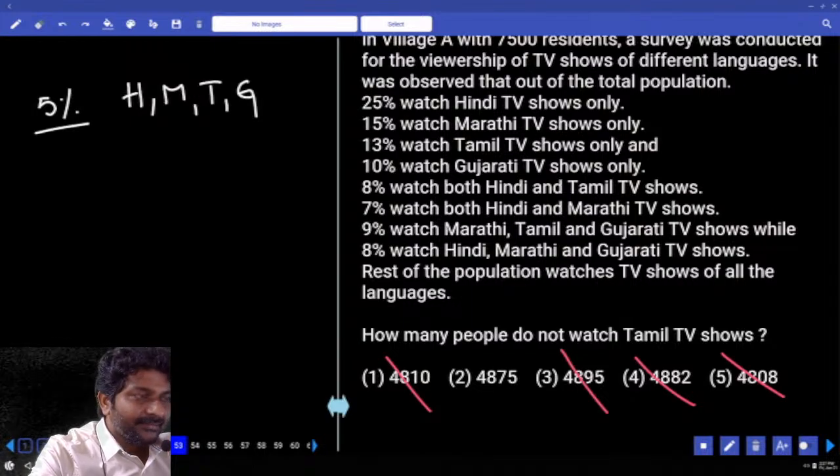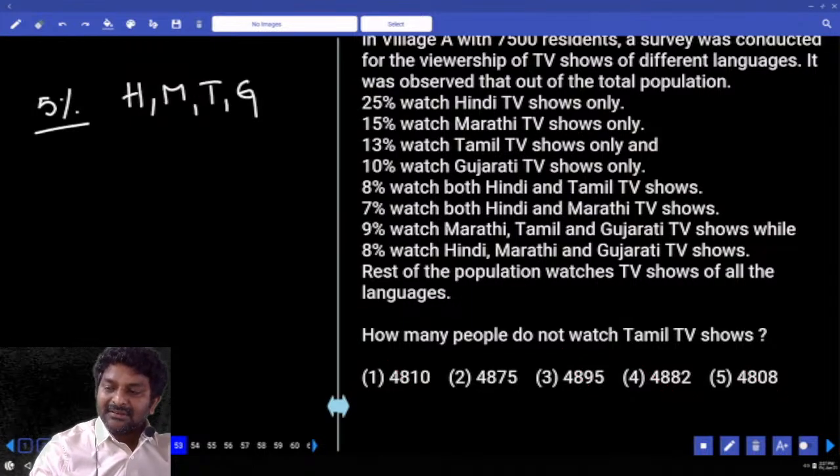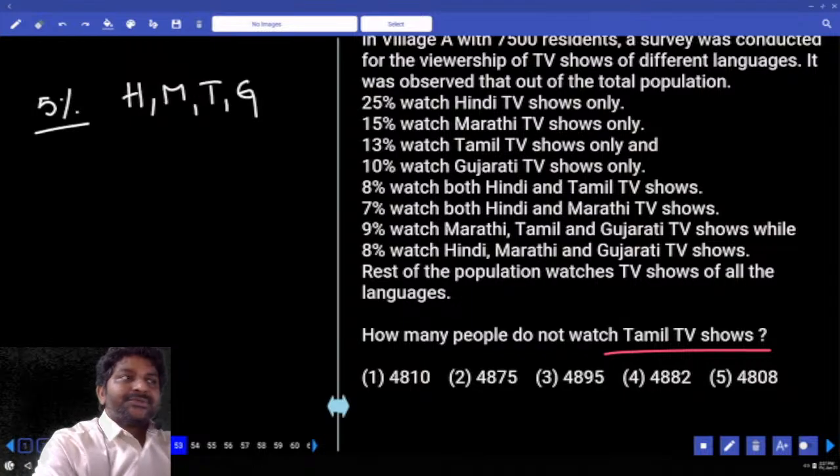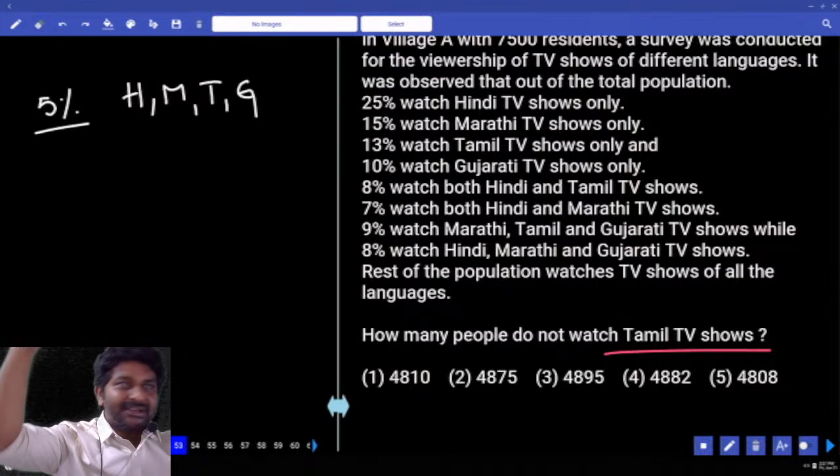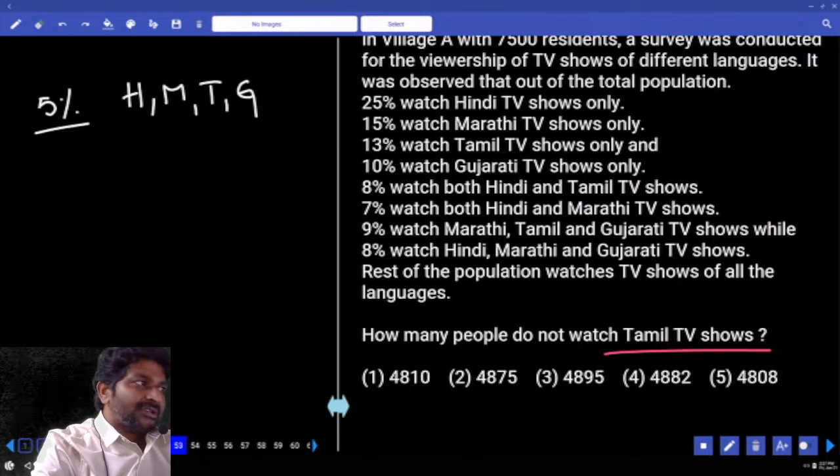Are you getting it? For this, if you want to do it, like the previous question where we calculated how many people watch Hindi, now for this question, calculate how many people watch Tamil.